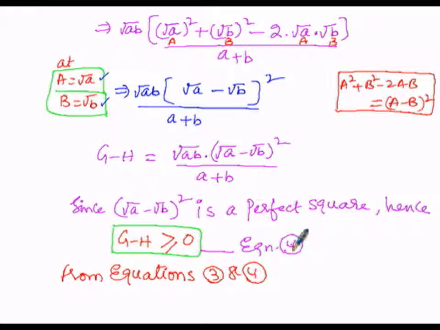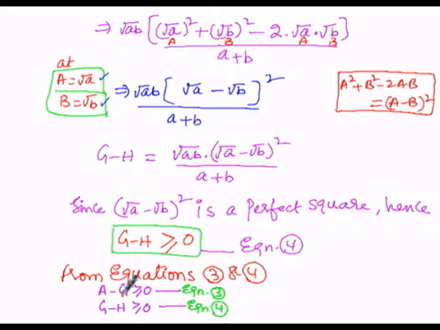So a minus g greater than or equal to 0 is equation number 3, then g minus h greater than or equal to 0 is equation number 4.